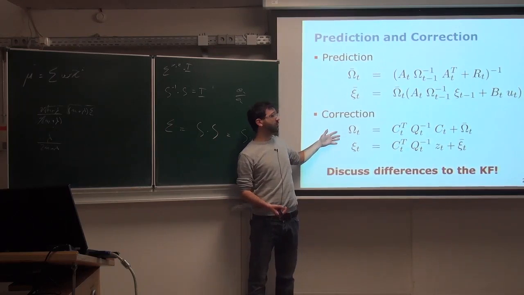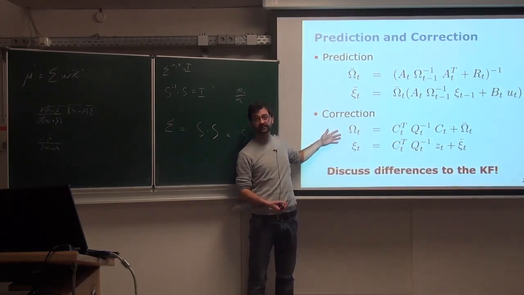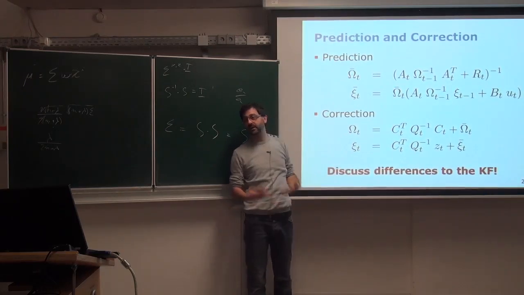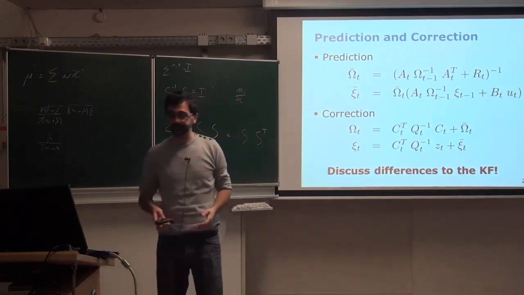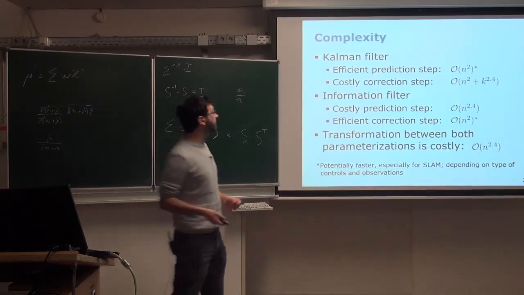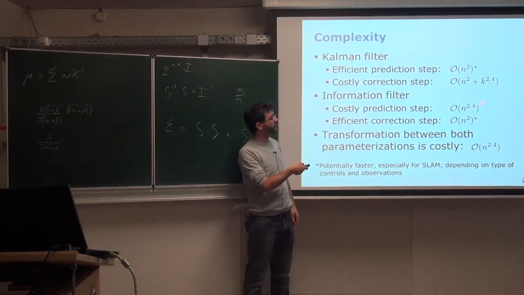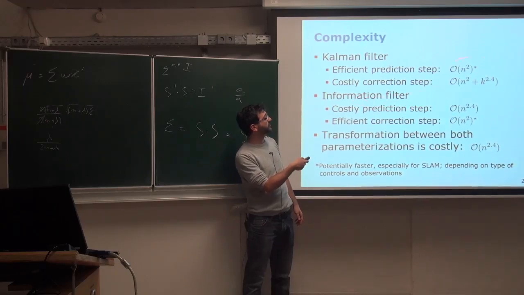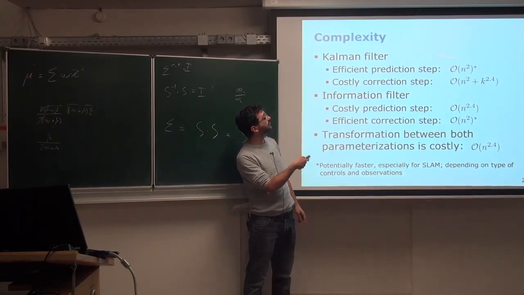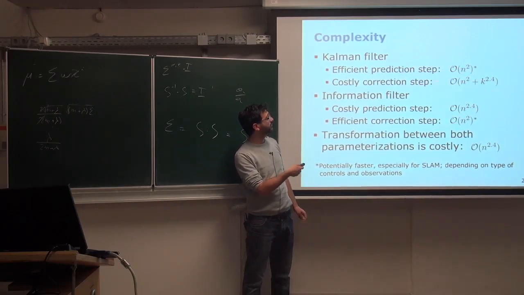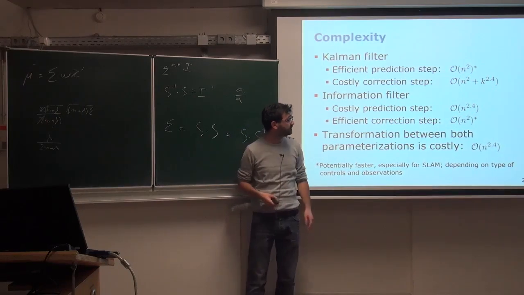If you need to do corrections more often, it gets easier for the information filter and harder for the Kalman filter. In terms of complexity, here you can see the specular thing. You have n cubed complexity for the prediction step in the information filter against n squared complexity for the Kalman filter, and the other way around for the correction step.